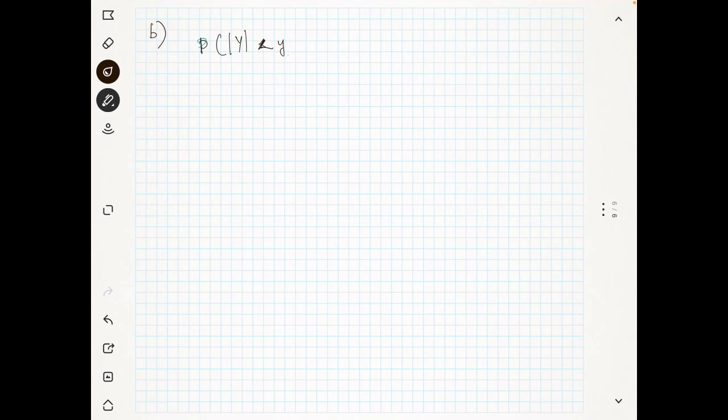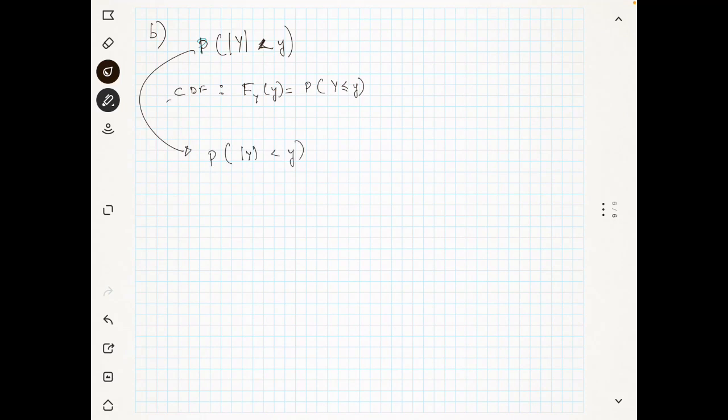But you know that the cumulative distribution function for y is usually given as F_Y(y), which is nothing but the probability that Y is less than or equal to y, right? But we need this guy, the probability that the absolute value of Y is less than y.